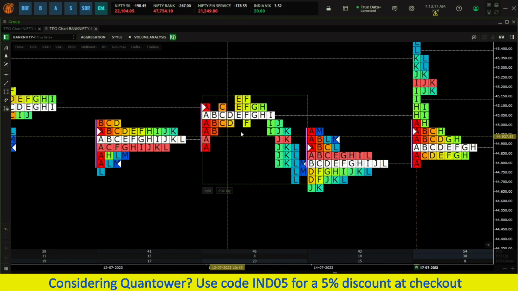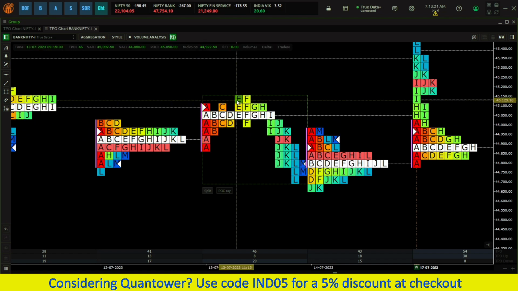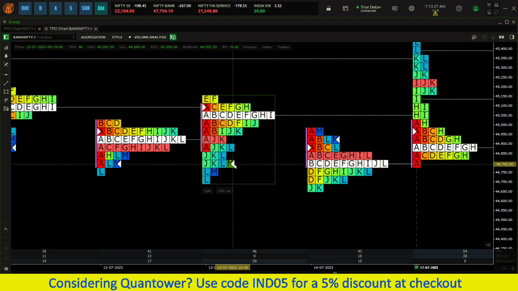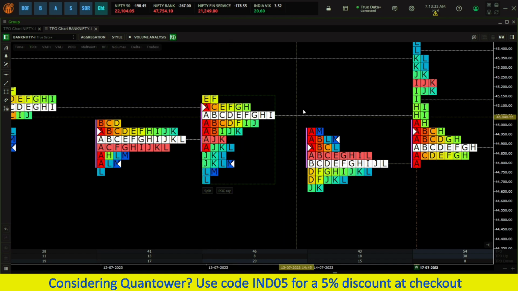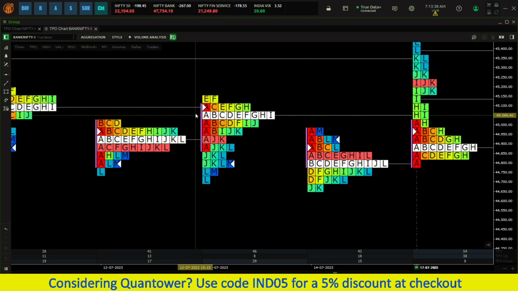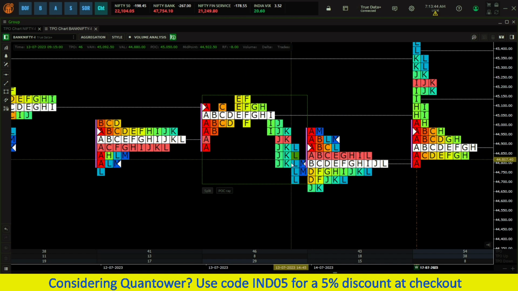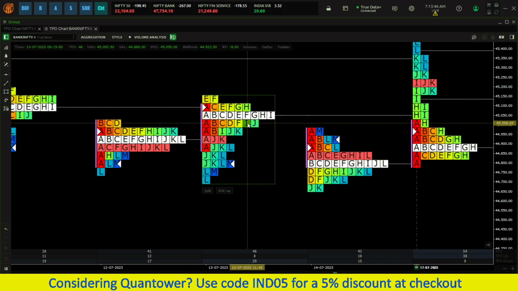So let me consider this example. If I just show you, you see the breakout in the E and F period happened. But thereafter the closing is somewhere near the bottom, below the IB. So by seeing this profile you can easily say that this is a neutral day profile, because we have a medium IB and we got a breakout and it failed, and obviously a breakdown and it failed, and again closing near the day low.